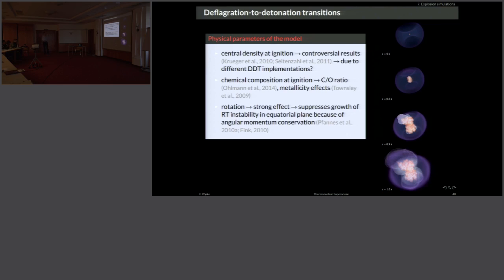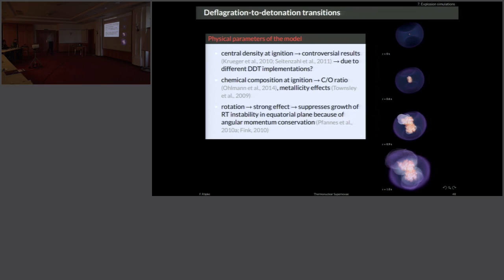Of course, if you have a lower carbon-oxygen ratio, then burning to nickel-56 will release less energy. So with this ratio, you can moderate the overall energy release in the explosion. But the effects are small compared to the very powerful parameter of the ignition of the deflagration.